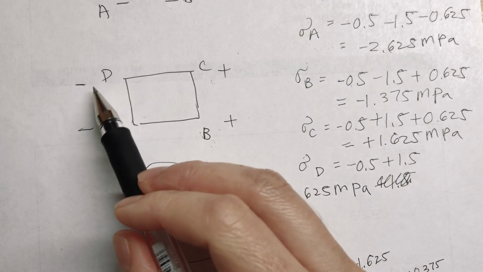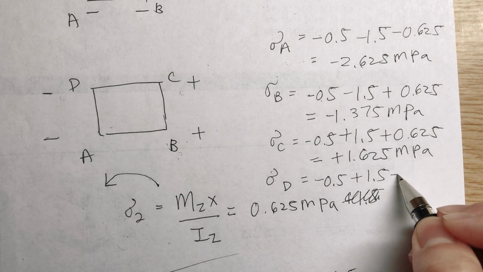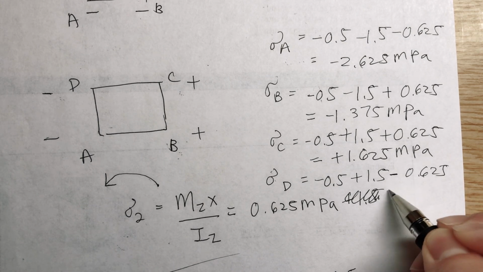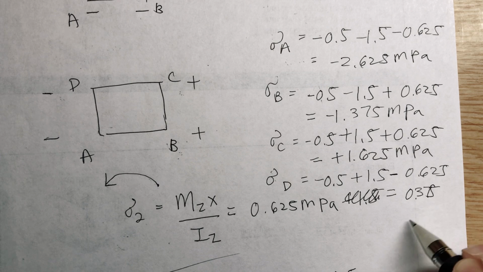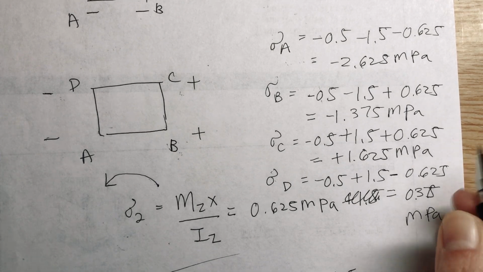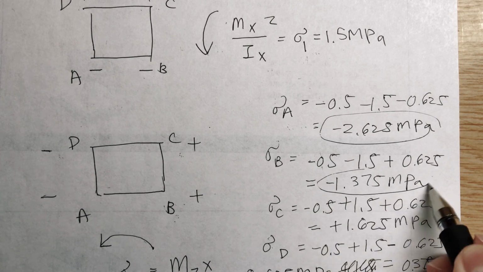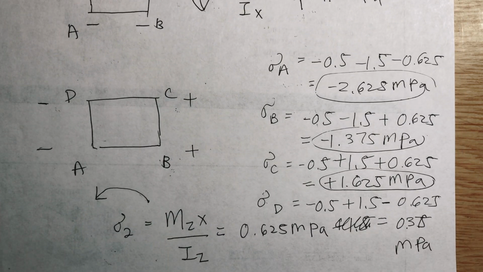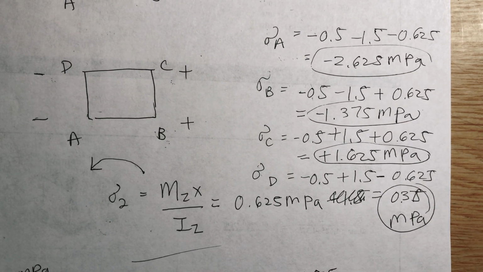Okay, D is negative from stress 2, so negative 0.625. So that's going to equal 0.375 megapascals. Okay, so that's how you find the stress at each of the points A, B, C, D from an eccentric load.